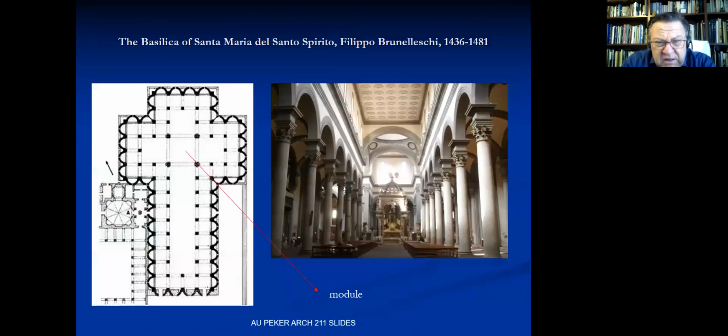The Basilica of Santa Maria del Santo Spirito, again by Filippo Brunelleschi, introduces us with a modular system. The central square domed transept section is the module, and the other zones are multiplication of this central square.